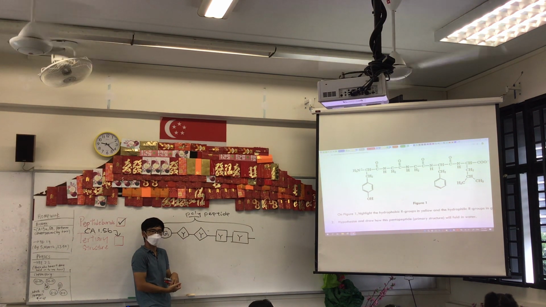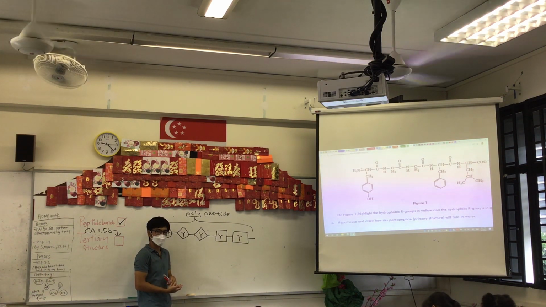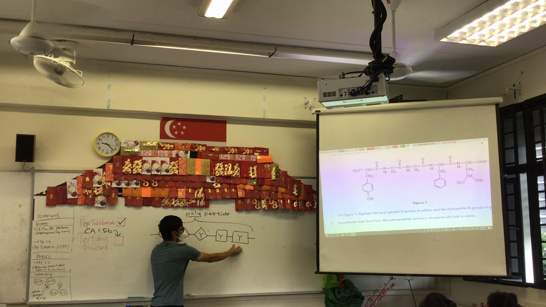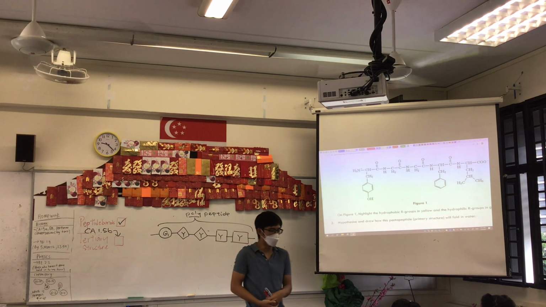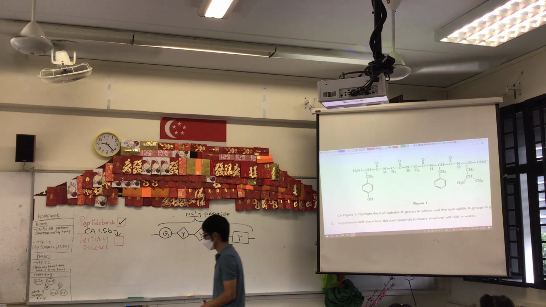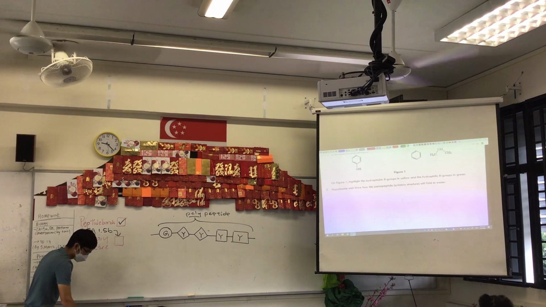Could everyone draw their best interpretation, considering that these are hydrophobic and this is hydrophilic? How do you think it will fold? Then I'll invite someone up to draw how theirs folds.